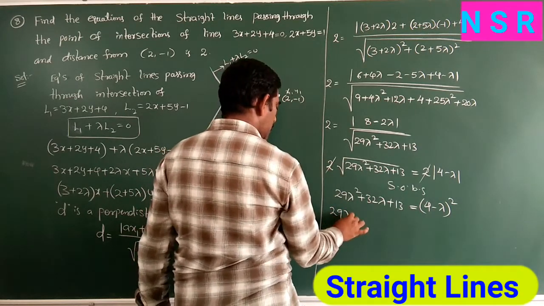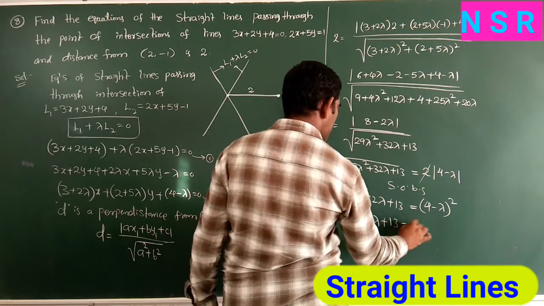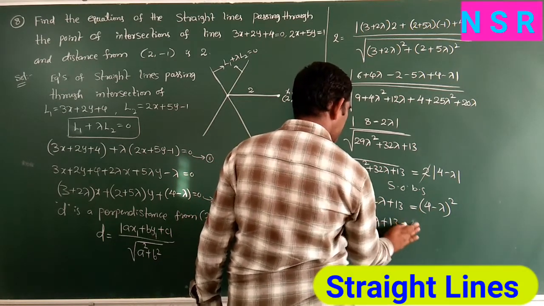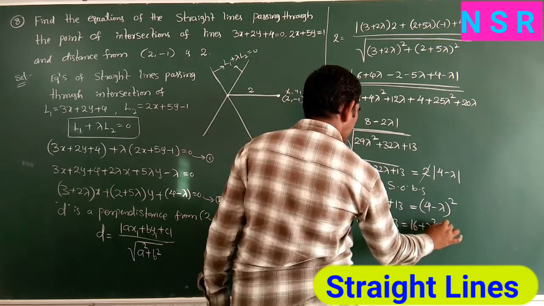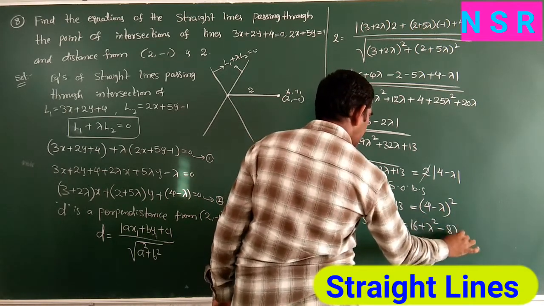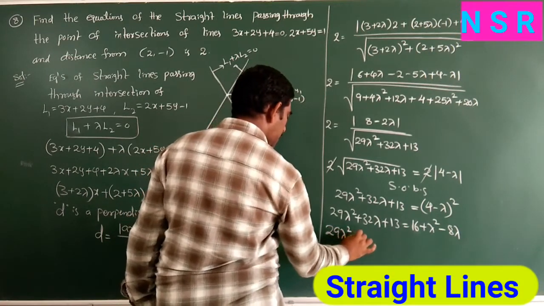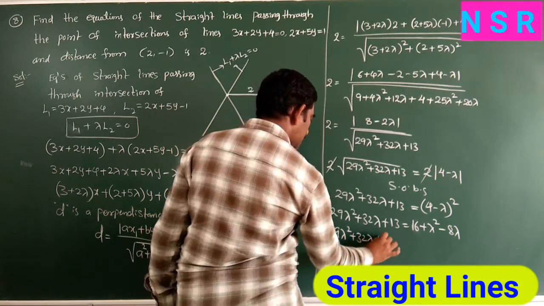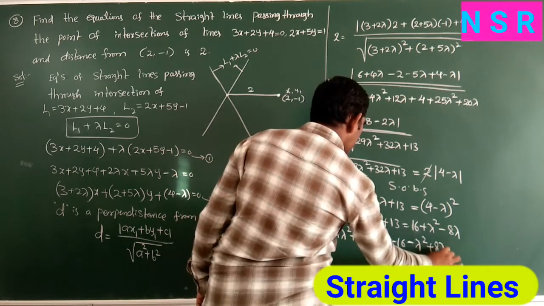Now 29 lambda square plus 32 lambda plus 13 equal to (a minus b) whole square. So here a square, 4 square is 16, lambda square, 4 2s are 8 lambda. So move this side. So 29 lambda square plus 32 lambda plus 13 minus 16 minus lambda square plus 8 lambda equal to 0.